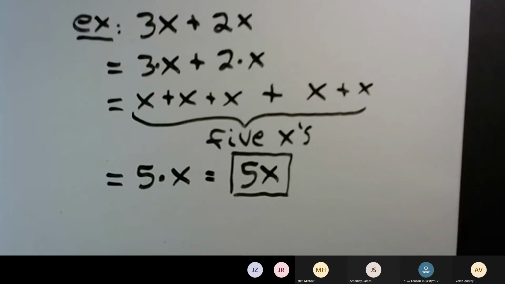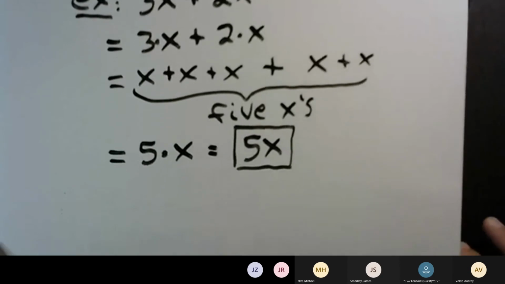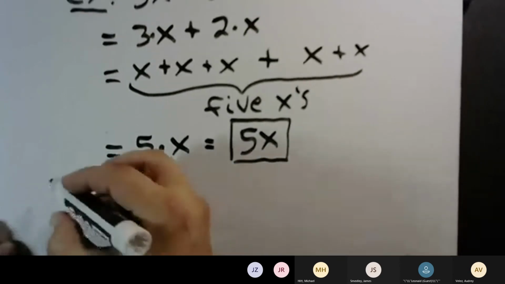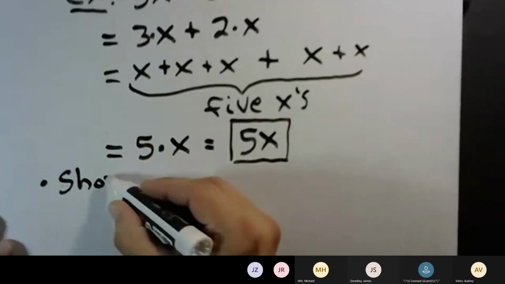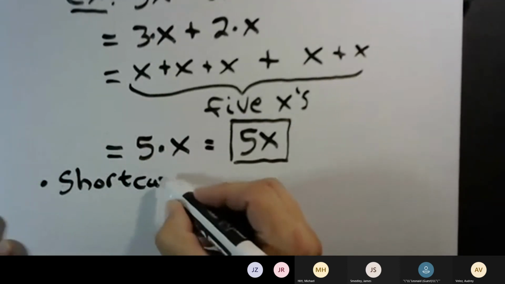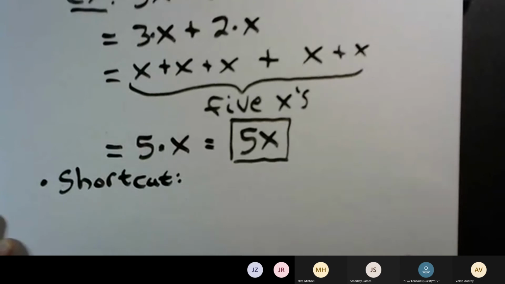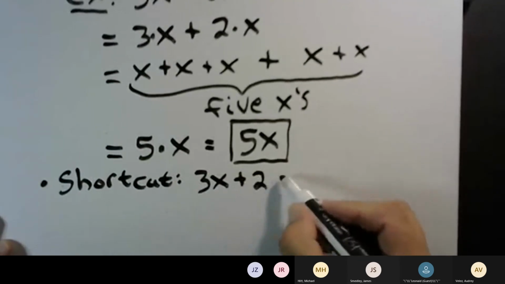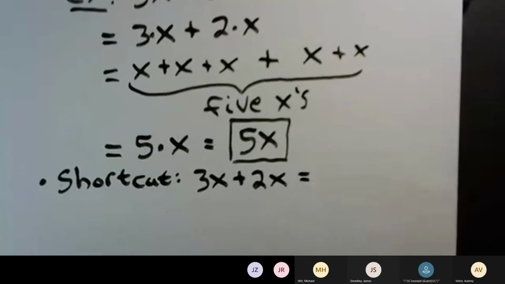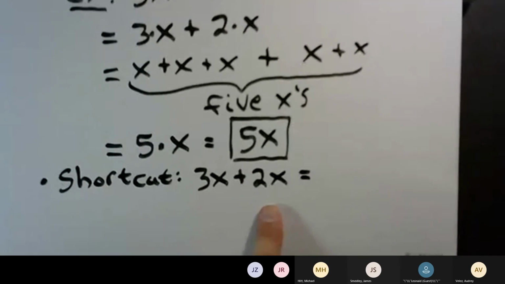So this is going to lead to a rule. And the thing with algebra is we're looking for shortcuts. We're very keen on those. So here's the shortcut. This is our rule. If we take 3x plus 2x, we know the answer is 5x.